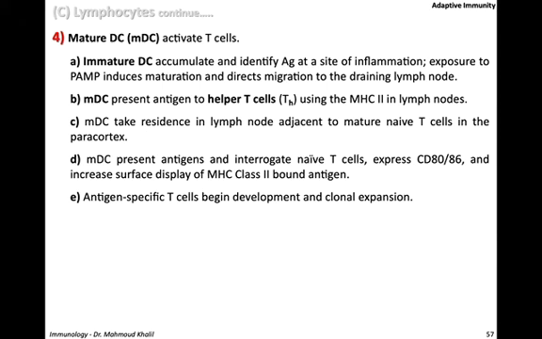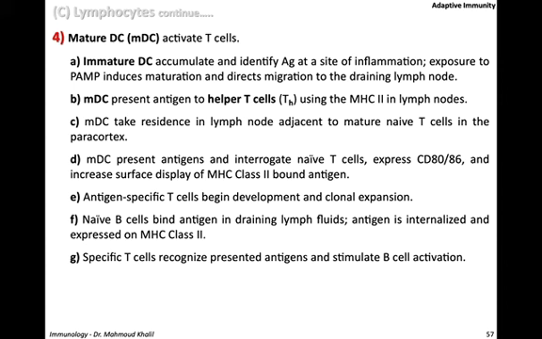And this antigen specific T cell, after being educated by the mature dendritic cell, begins development and clonal expansion. Meanwhile, the naive B cell binds the antigen in the draining lymph node as well, and the antigen can be internalized and expressed on MHC class 2. This specific T cell also recognizes this presented antigen, and this is the main step in the activation and stimulation of B cell differentiation and activation.